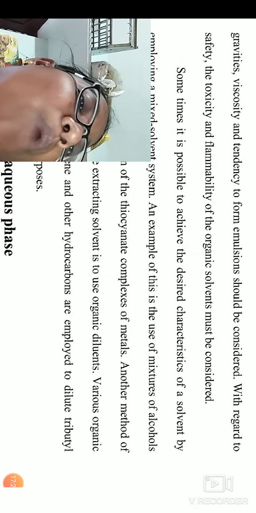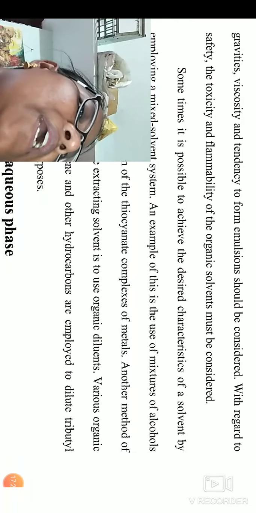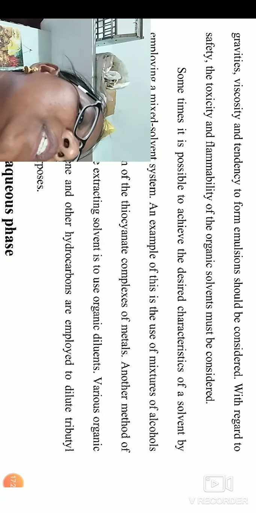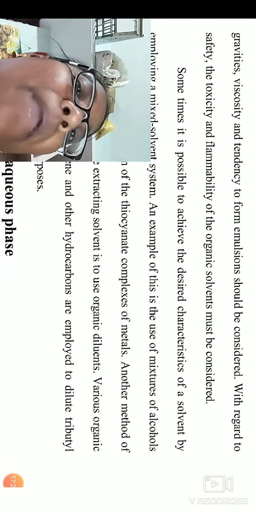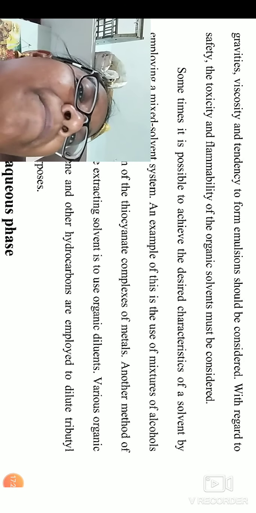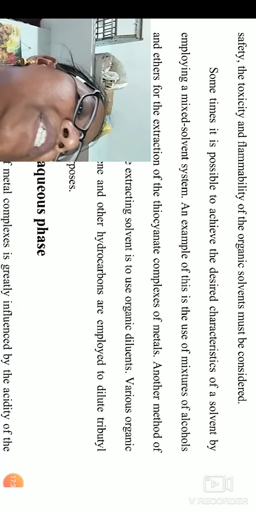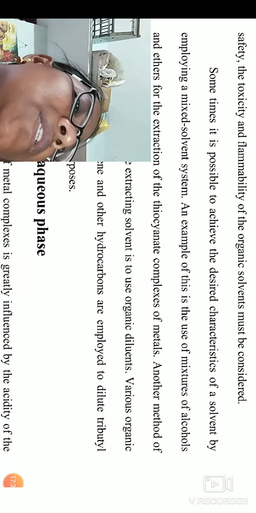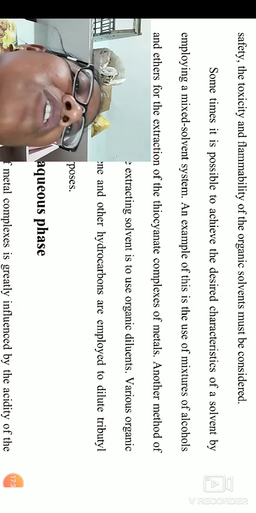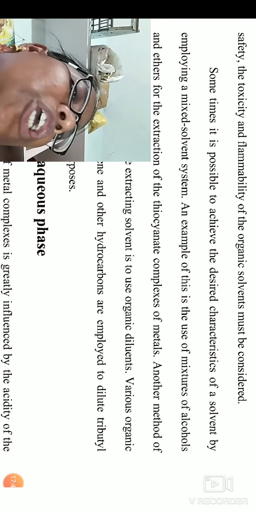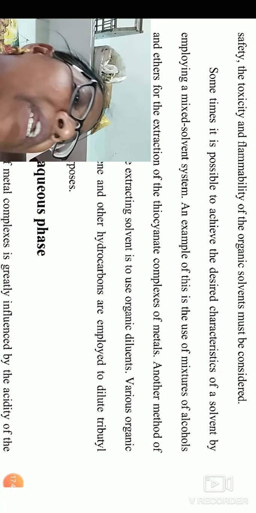Sometimes it is possible to achieve the desired characteristics of a solvent by employing a mixed solvent system. An example of this is the use of mixtures of alcohols and ethers for the extraction of the thiocyanate complexes of metals.